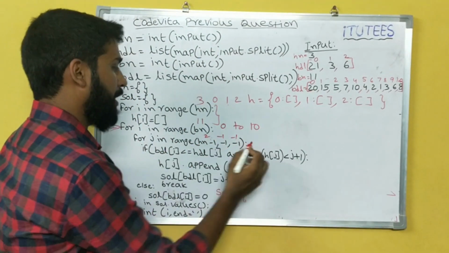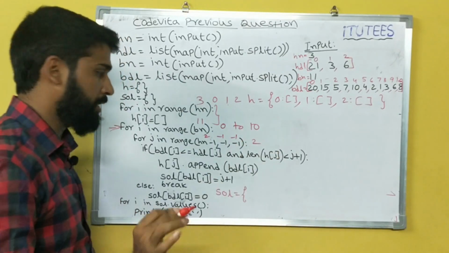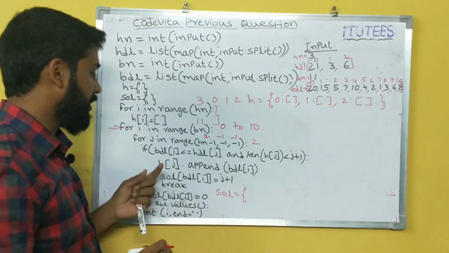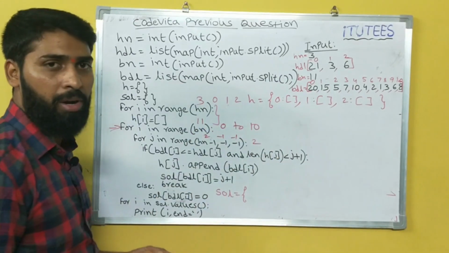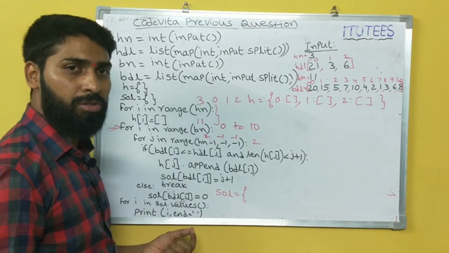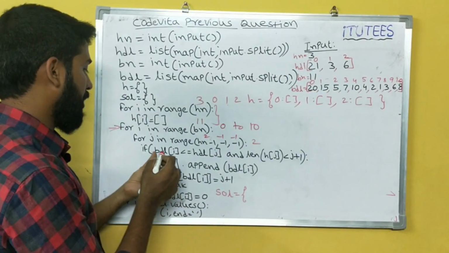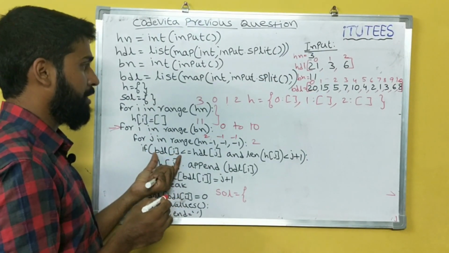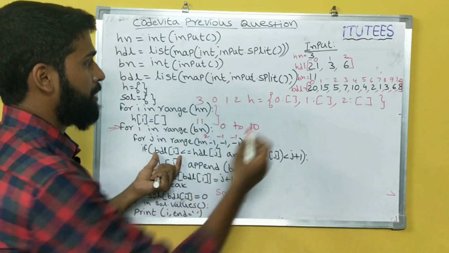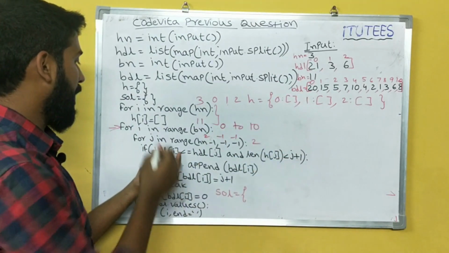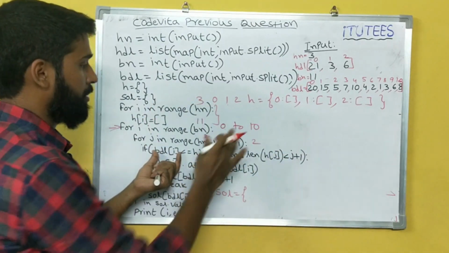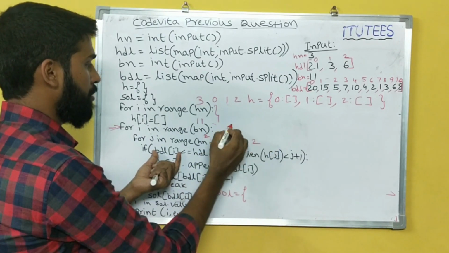What is the j value for now? 2. So listen carefully. What is the first condition? The diameter of the ball less than or equals the diameter of the hole. So I am checking BDL of I. What is the BDL here? This is the BDL. What is the I value? It is 0.